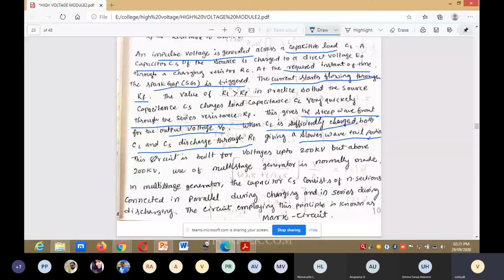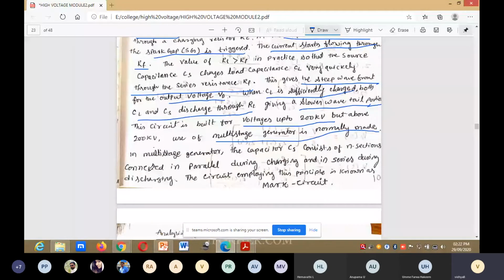This circuit is built for voltages up to 200 kV, but above 200 kV the use of a multi-stage generator is normally made. In a multi-stage generator, the capacitor CS consists of N sections.